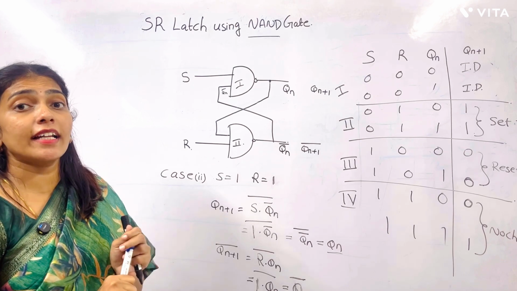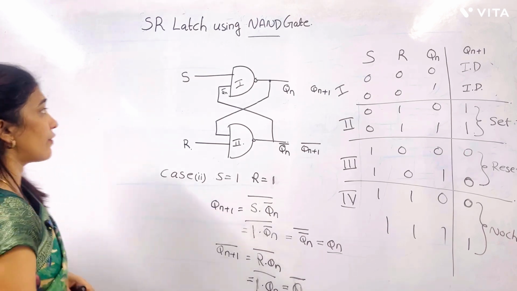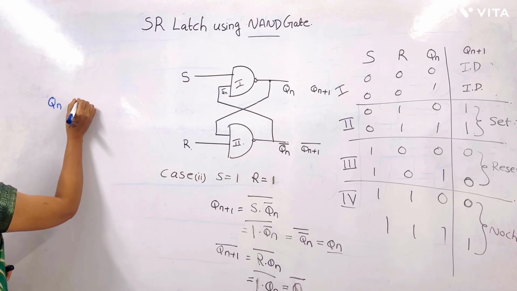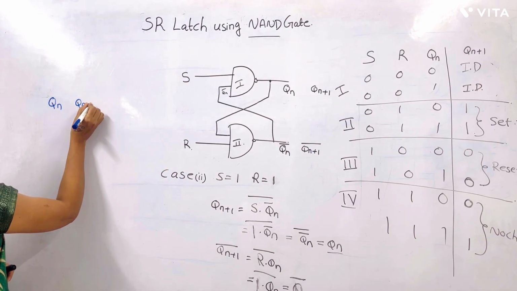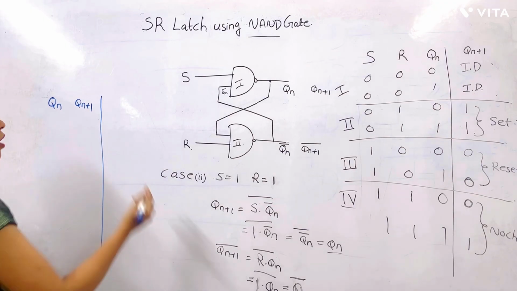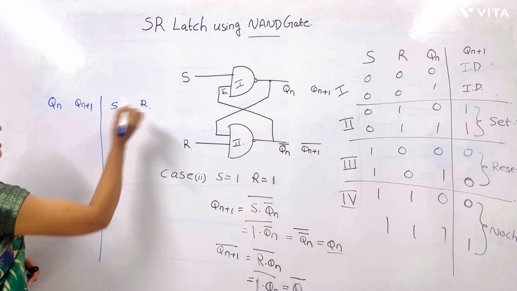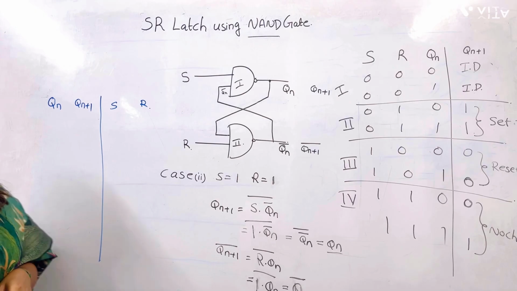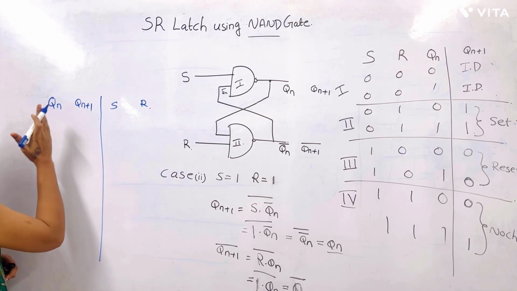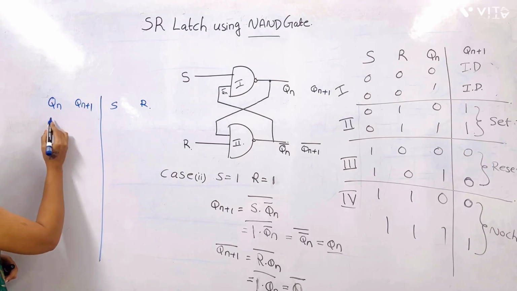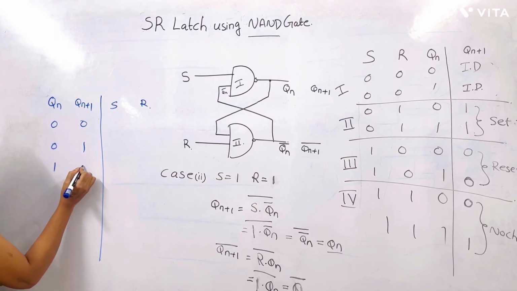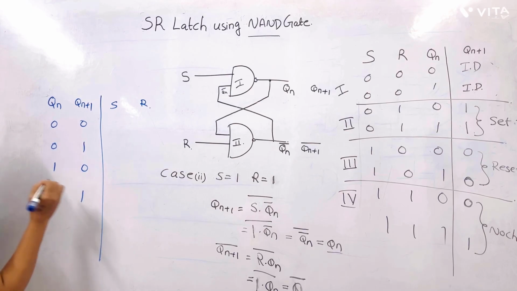Then go for the excitation table for the SR flip-flop. In the excitation table, we take the present state and next state as our inputs, and the actual inputs are now treated as our outputs. In this truth table, we are taking only 2 inputs, right? So a total of 4 combinations will come: 0 0, 0 1, 1 0, 1 1.